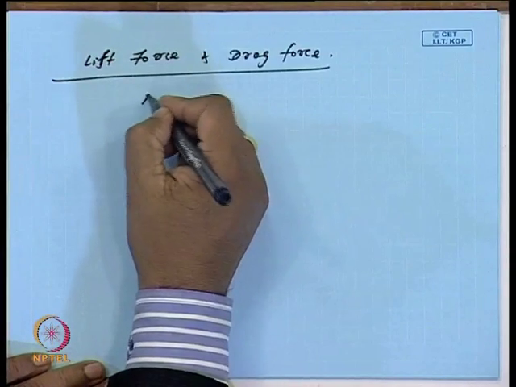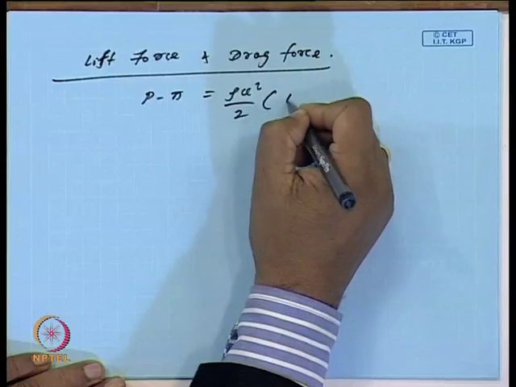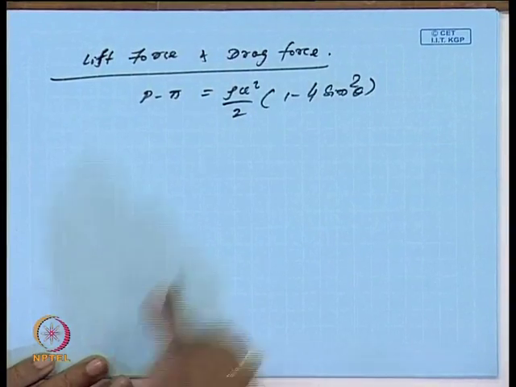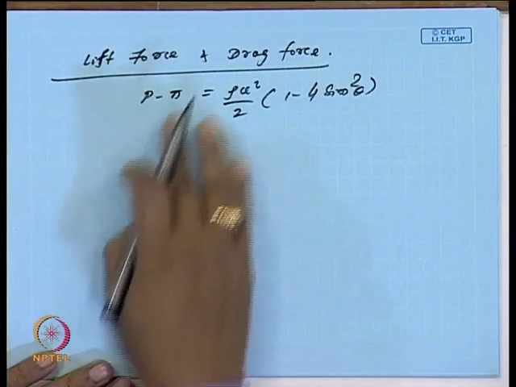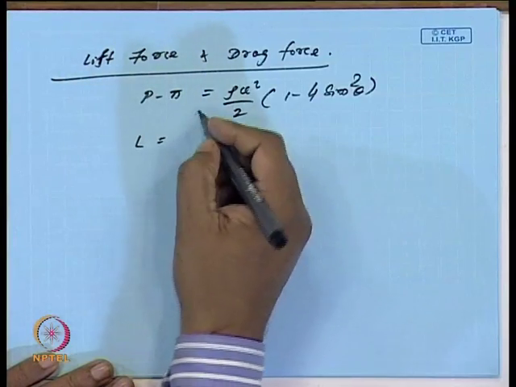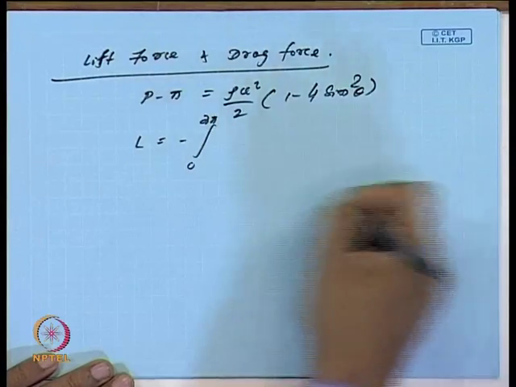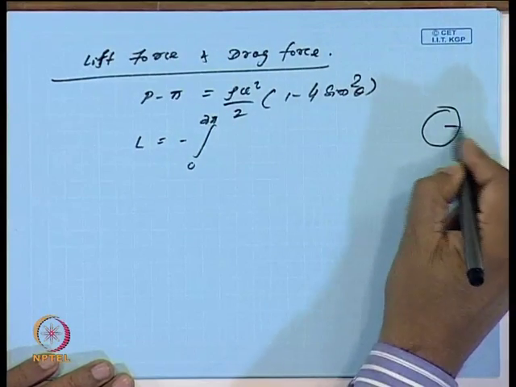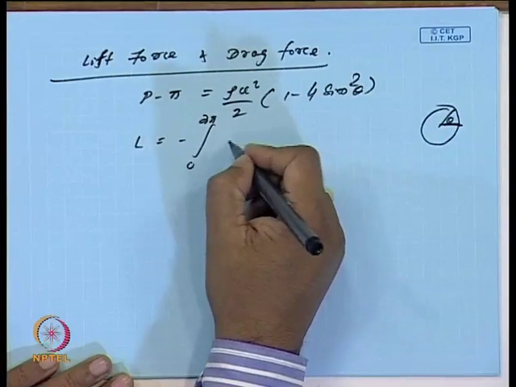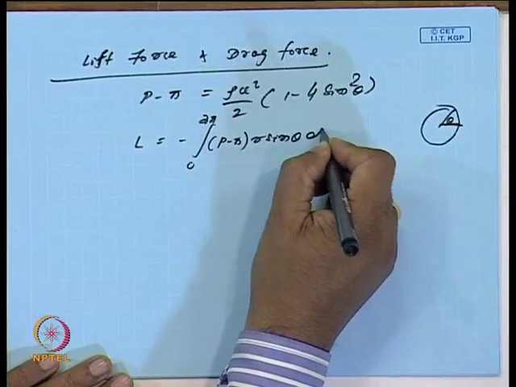We all know by now p minus pi is equal to rho u square by 2 into 1 minus 4 sin square theta, that is the pressure on the cylinder, where u is the velocity at infinity and pi is the pressure at infinity. Now, L will be minus integral 0 to 2 pi, because we are calculating on the circular boundary of the cylinder, theta can vary from 0 to 2 pi, of p minus pi r sin theta d theta.